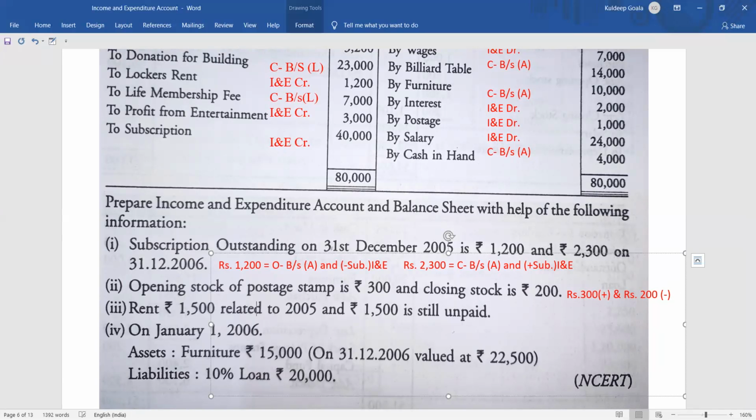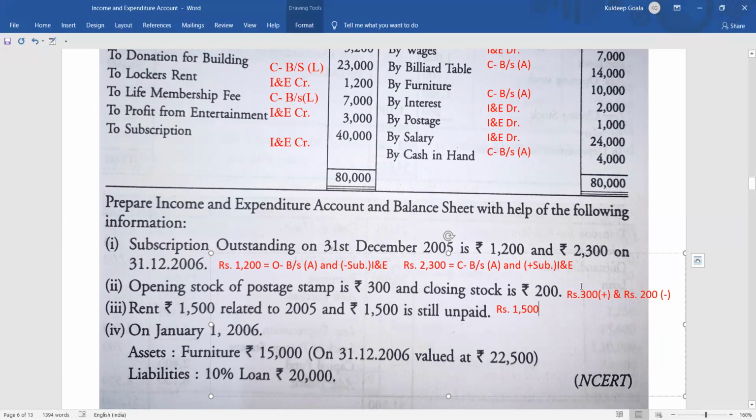Then in the next point, what we have, rent rupees 1500 relates to 2005, and rupees 1500 is still unpaid. So rupees 1500, there are two items.